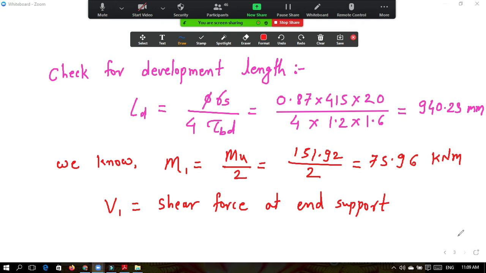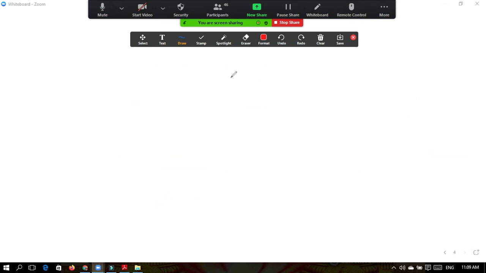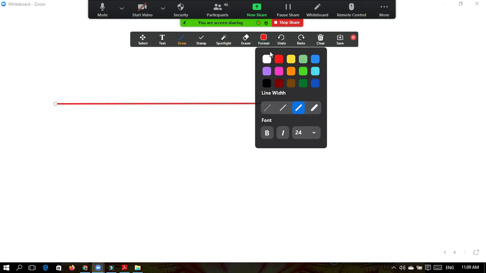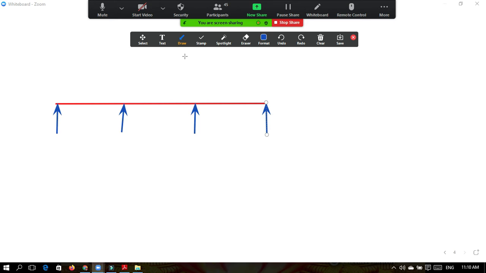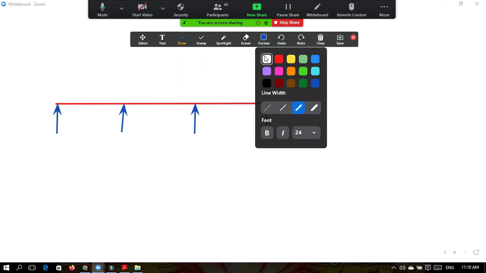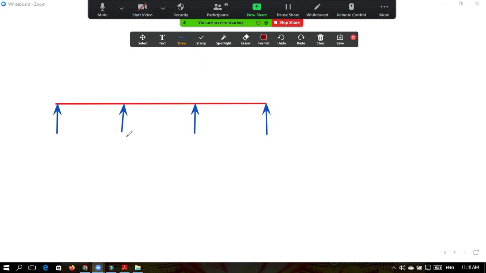Now if I show you here in the diagram, again this is our diagram. These are our supports. Earlier VU which we have calculated, it is for this point 144.72 and 144.72.